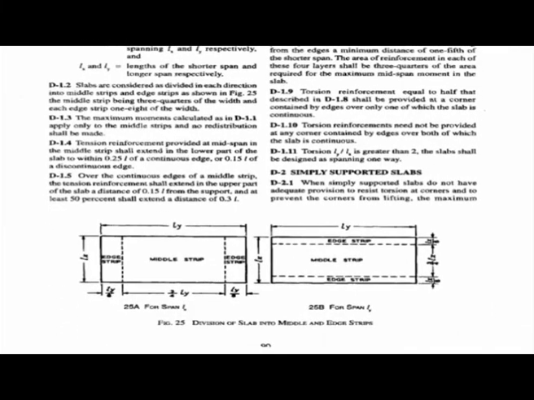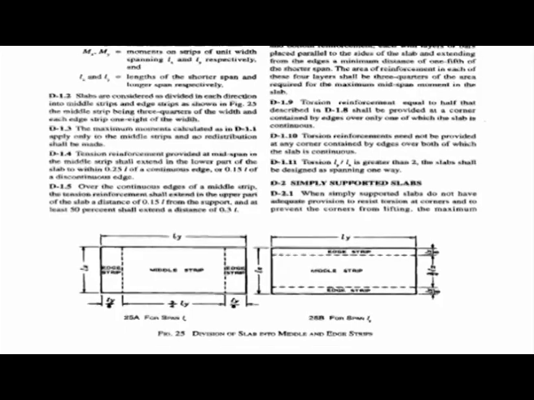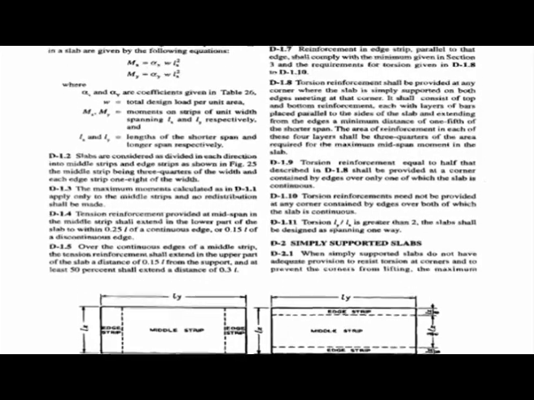I am not going into the detail of all those things, because we have the middle strip, the edge strip, and many other things. We provide reinforcement, but mainly we are considering the main reinforcement. Later you will find out how much of the other reinforcement to provide from this annexure, Annex D, the slab spanning in two directions.